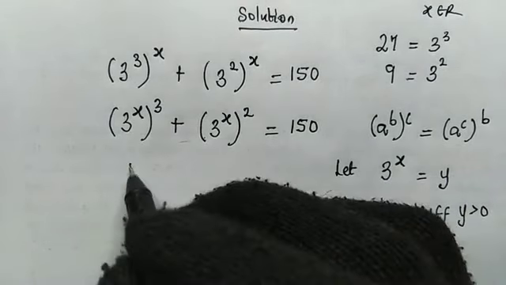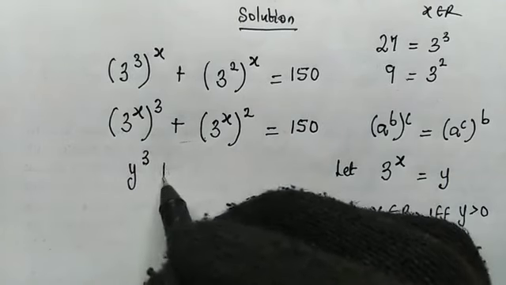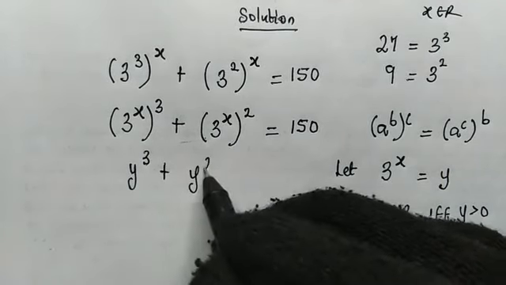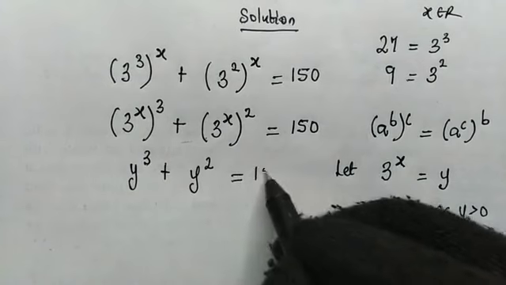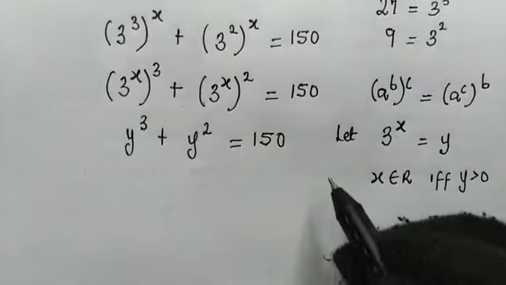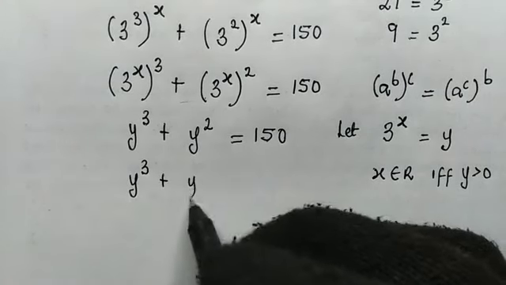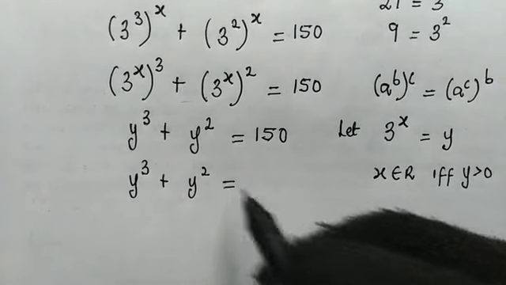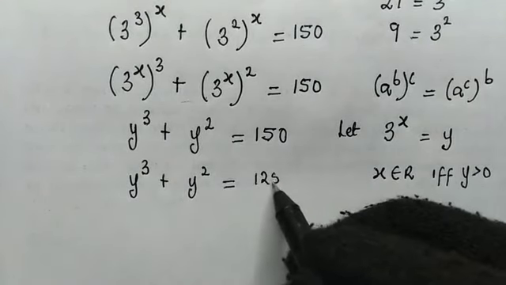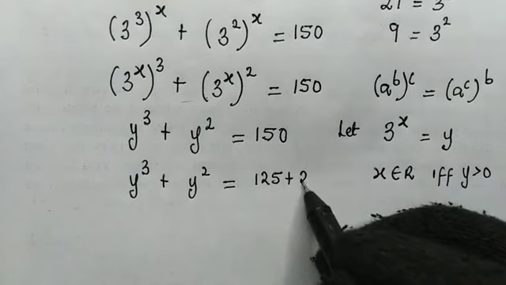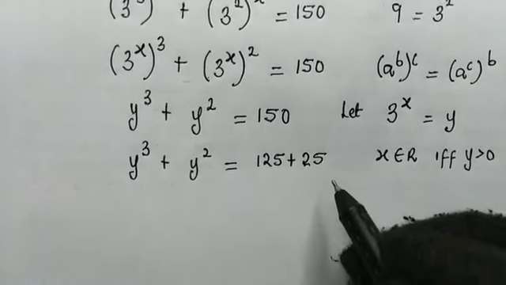So here we get y cubed plus y squared equal to 150. From here we get y cubed plus y squared equal to 125 plus 25, right?